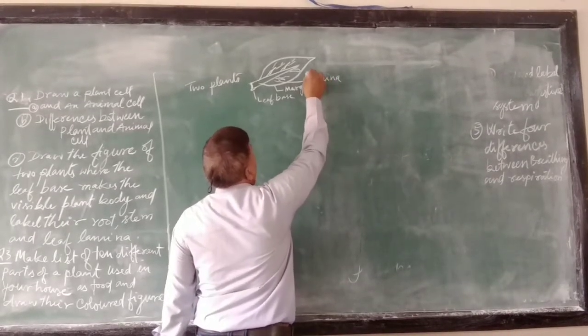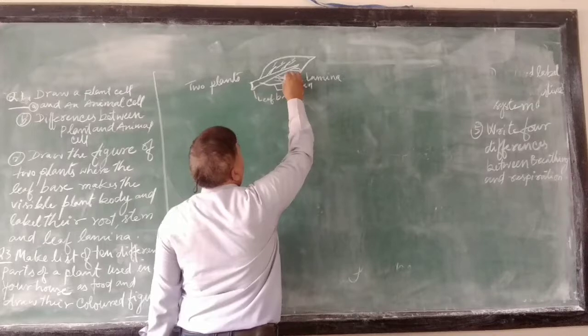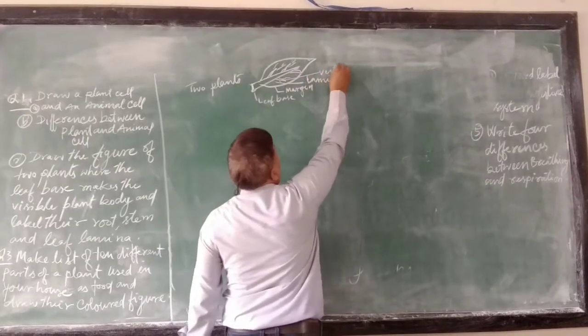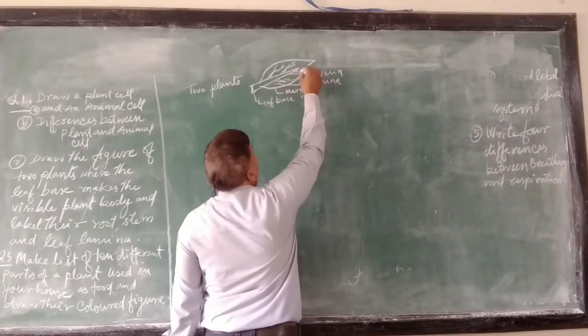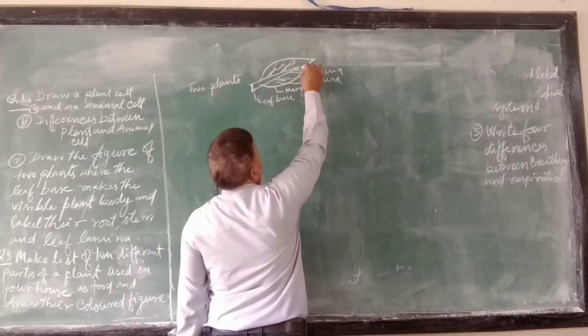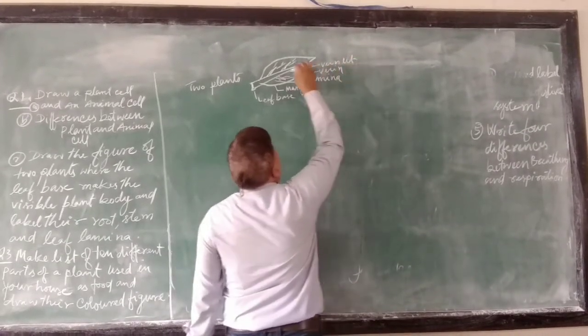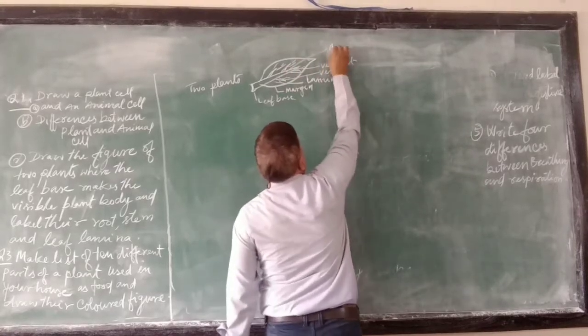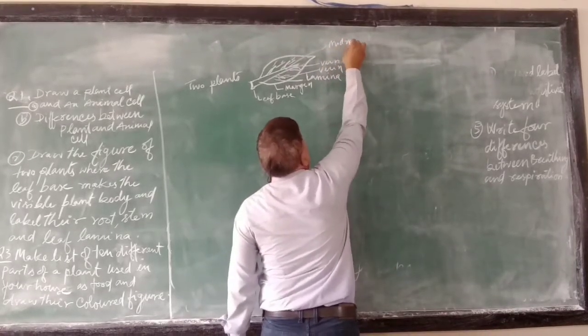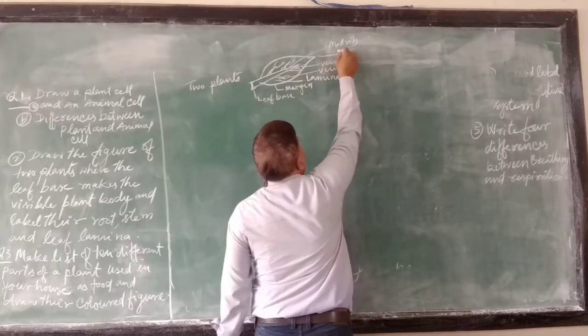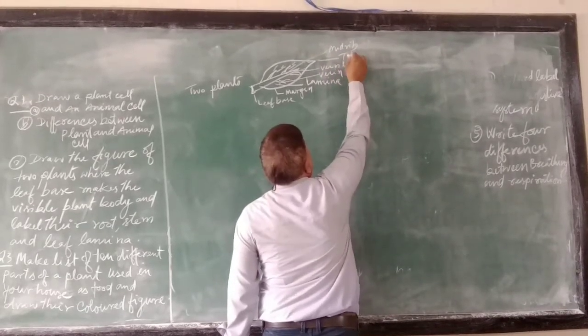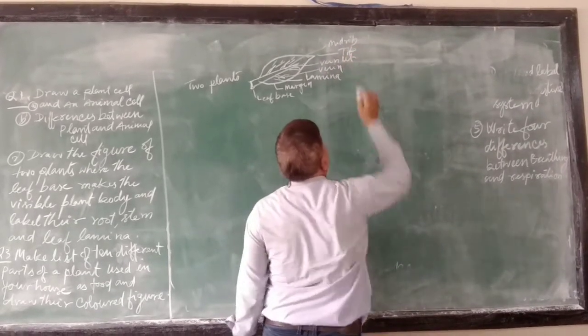This one is lamina, and this one is vein. And the further branching from the veins is veinlet, and this one is midrib, and this one is tip, leaf tip. This one is leaf tip.